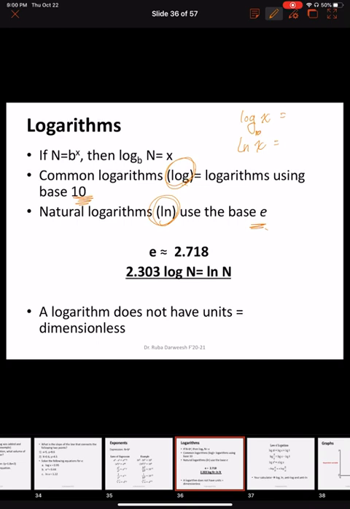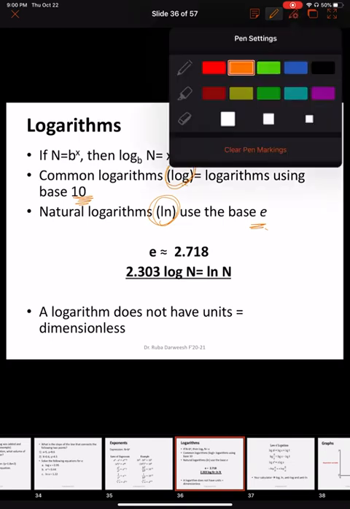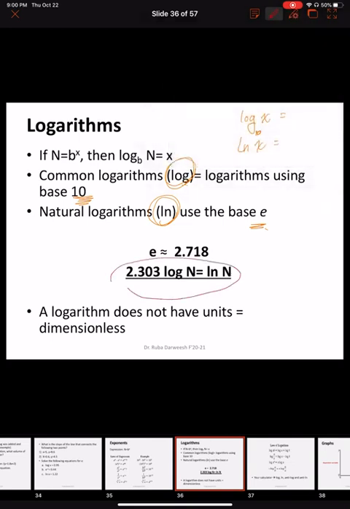For the logarithm, you need to know this, which is very important, that 2.303 times the log of a certain number equals the ln. Or if you have ln and you need to get the log of that number, you just need to have it over 2.303, right?